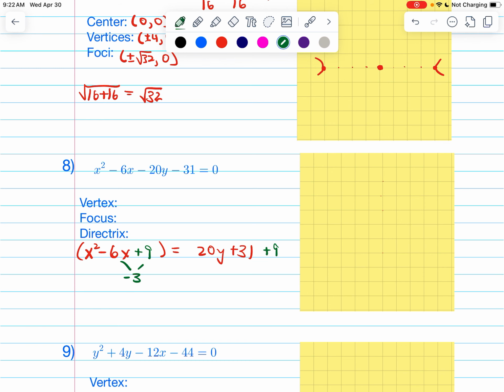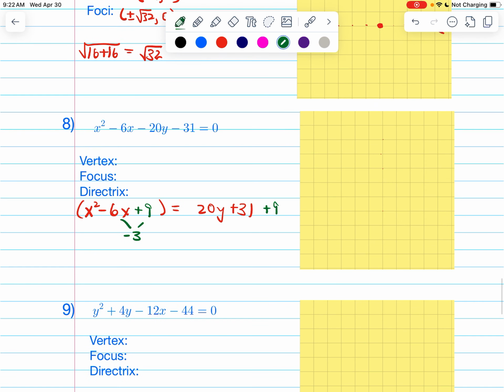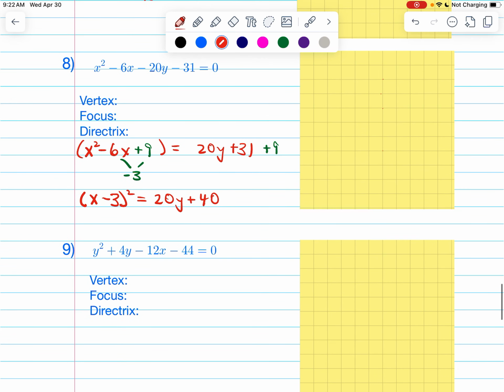Add that to both sides. And now on the left, I get x minus 3 squared equals 20y plus 40. I can factor out a 20. Now I just rewrote 20 as 4 times 5.